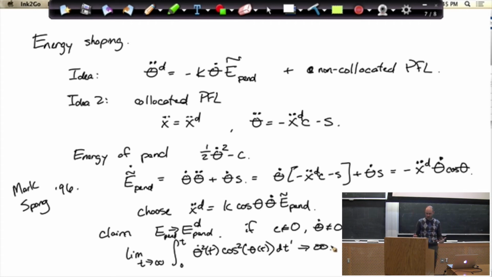Okay. So it's just a simple example, but it captures a way to think about nonlinear control. And actually, a lot of the key results in nonlinear control have that sort of flavor.